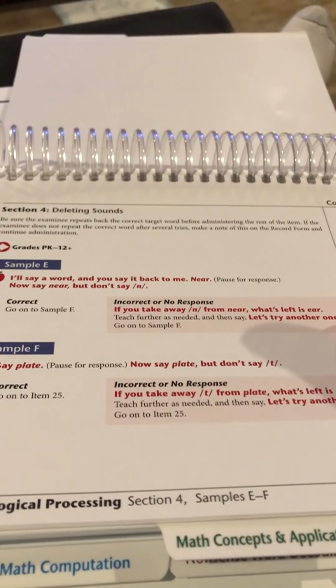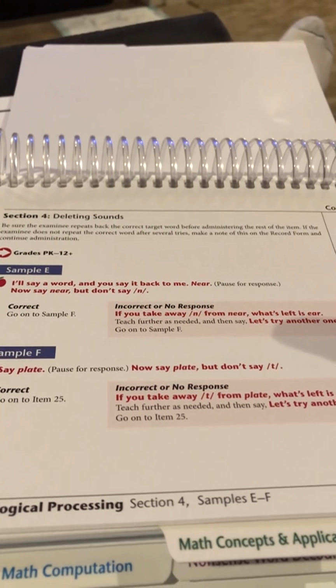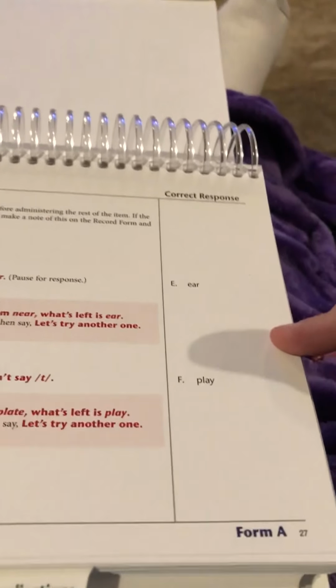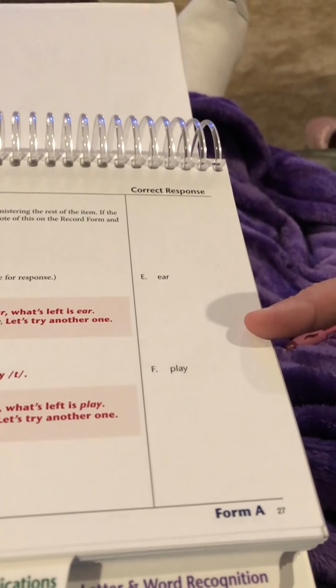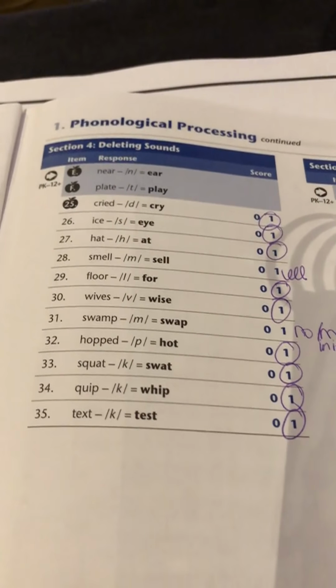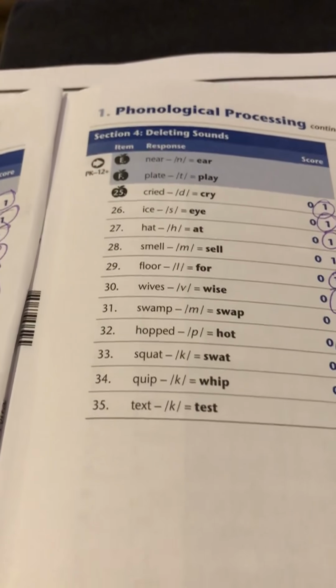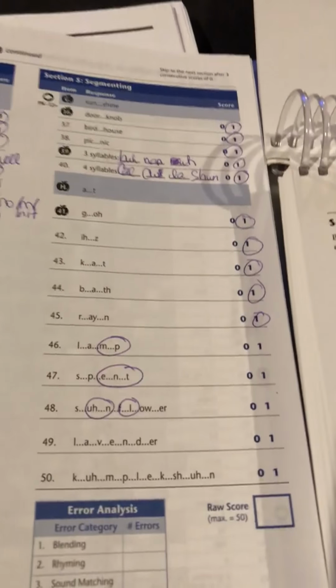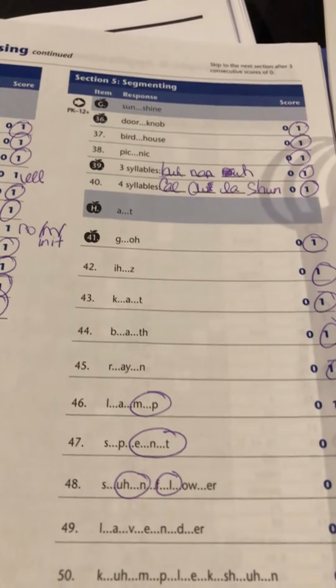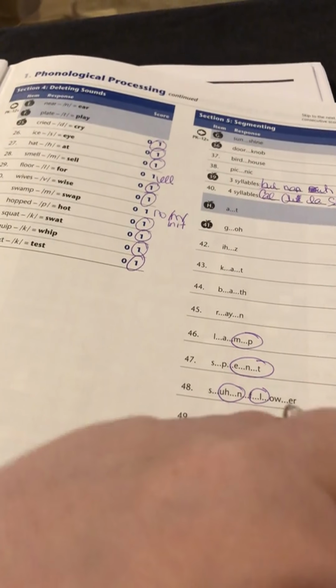If they say an incorrect response, it tells you that you can go on to another sample to help them, and it gives you the correct response on the right-hand side, and then you're going to record 0 if they missed it, 1 if they got it correct. Okay? That's deleting sounds. Then you have segmenting is the final section in phonological processing.